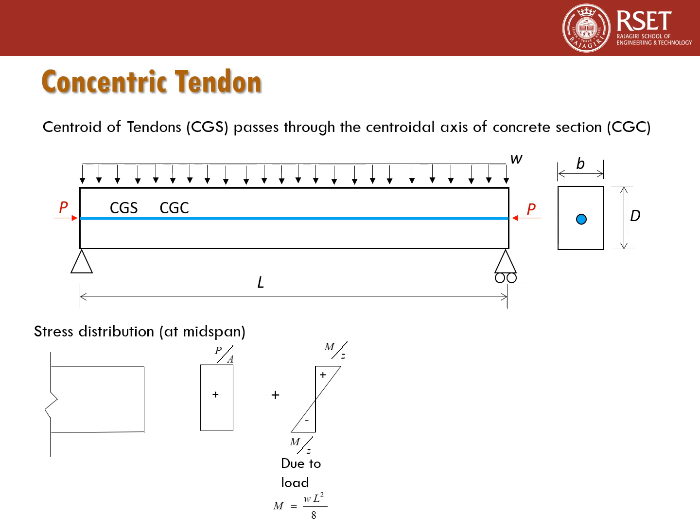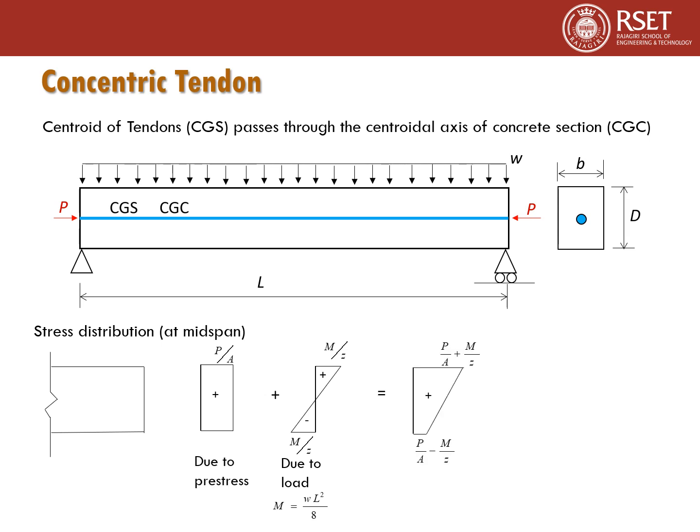And to look at the sign, P by A compressive force I am considering as positive. So P by A will be plus, and here for M by Z, the bending moment is sagging. Sagging causes top compression and bottom tension, so top will be plus and bottom will be minus.